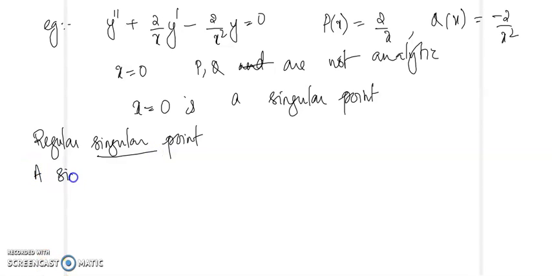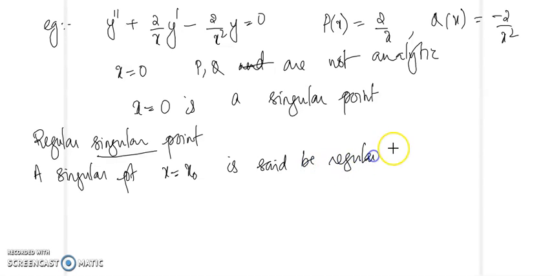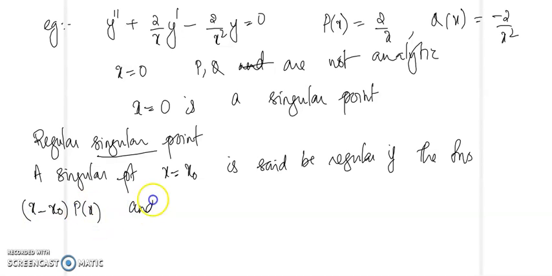A singular point x equal to x naught is said to be regular if, when you take the functions x minus x naught into p of x and x minus x naught whole square into q of x, both are analytic.